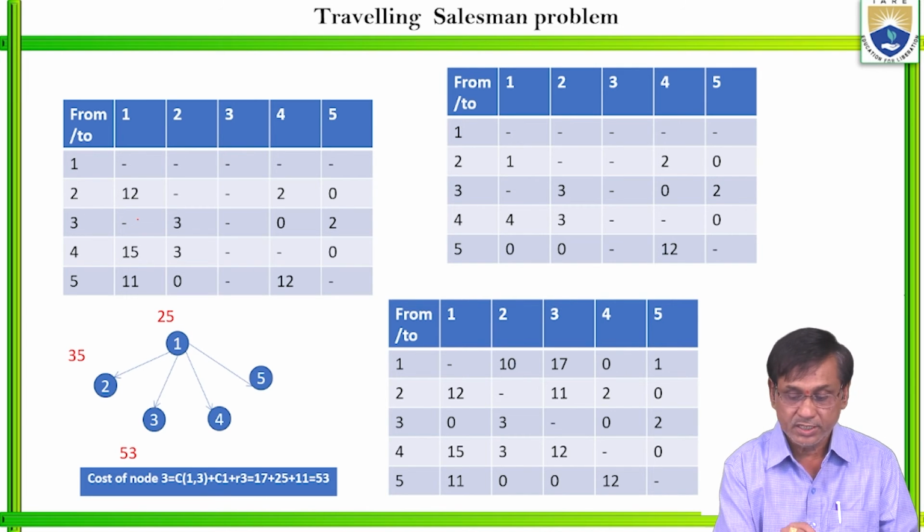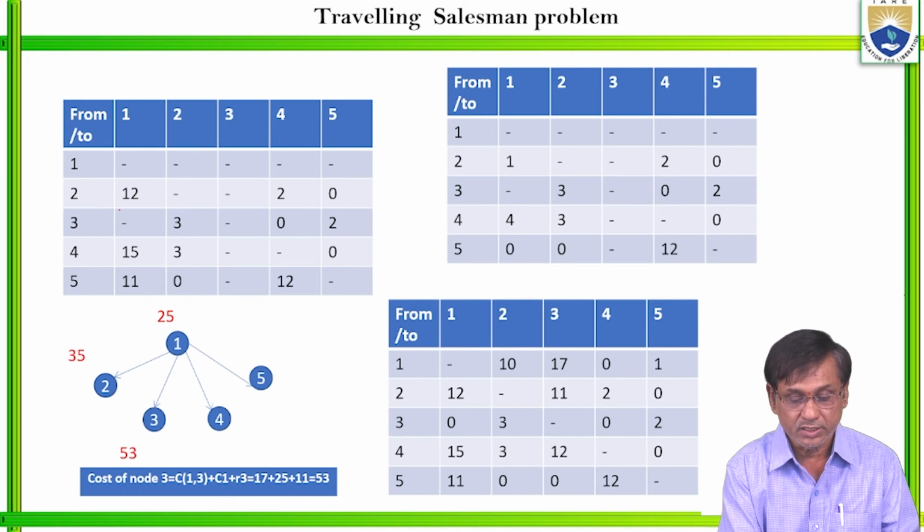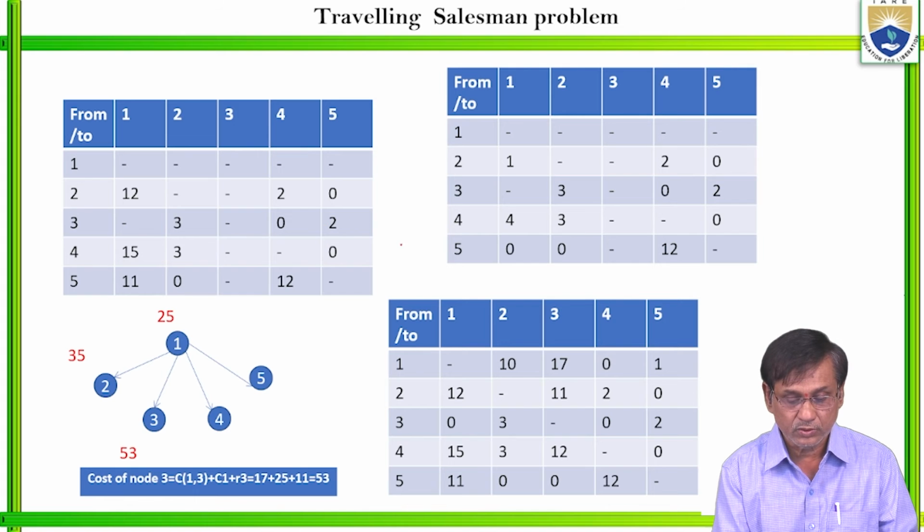After modifying it, check whether there is any possibility to reduce it. In the first row, no reduction. Second row, no reduction. Third row, no reduction. Fourth row, no reduction, because 0 is there. If you subtract 0, no reduction will be there. 11, 0, 12. Again 0 is there. So row reduction is not possible.